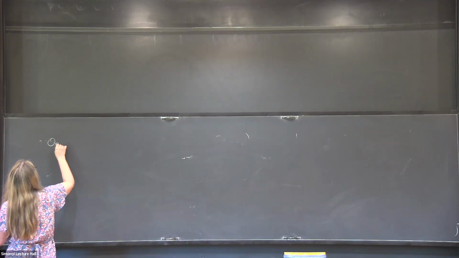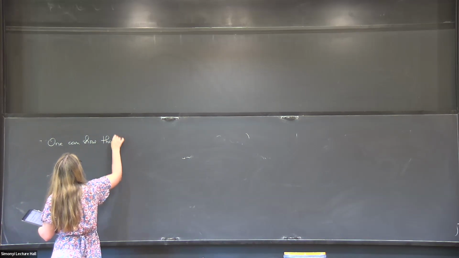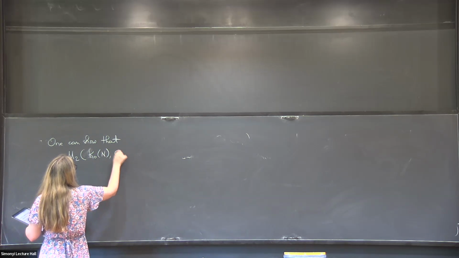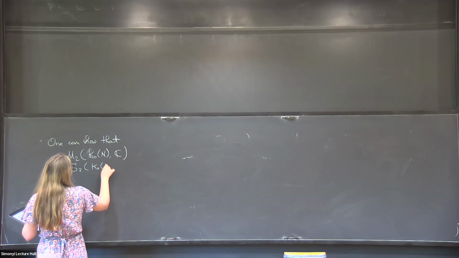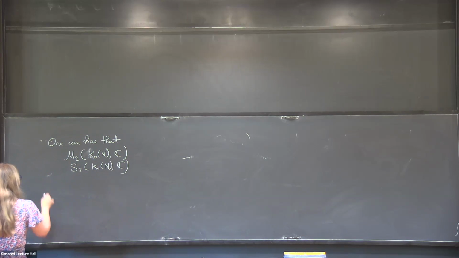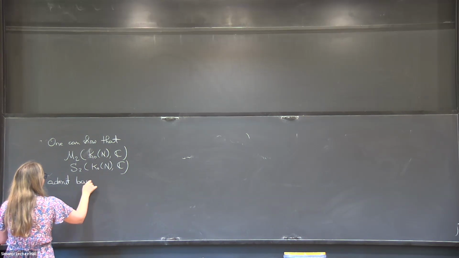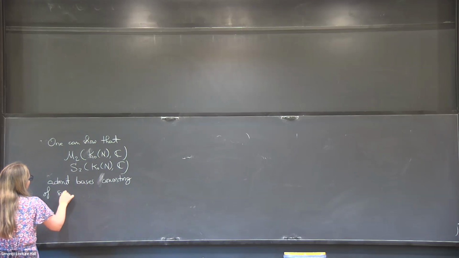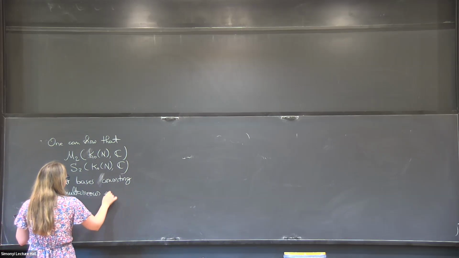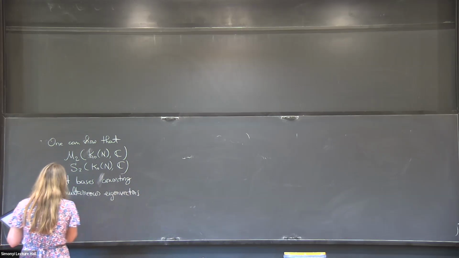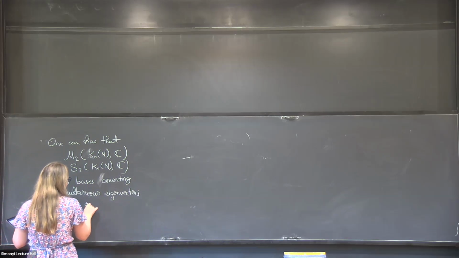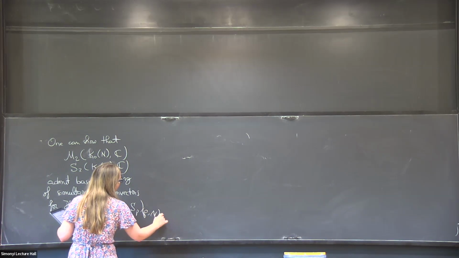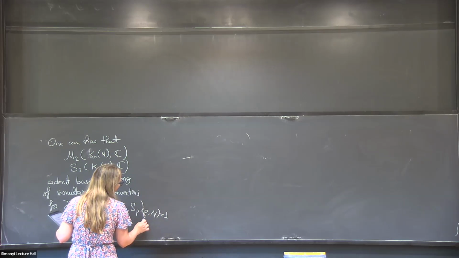So one can show that, say, for instance, M_2(Gamma_0, K_0, C) or S_2(K_0, C) admit bases consisting of simultaneous eigenvectors for the Hecke operators T_P and S_P, where P runs over all the primes, so infinitely many primes, that have no factors in common with N.